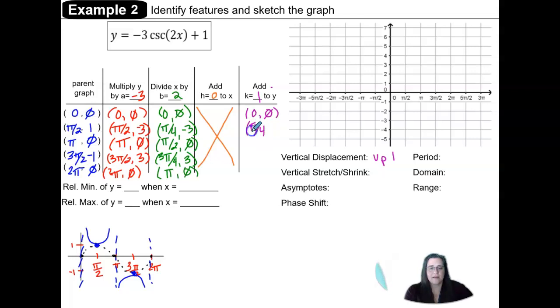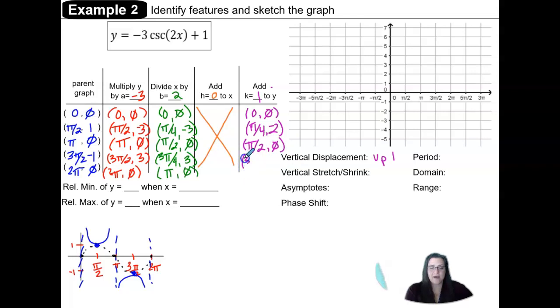And then -3 plus 1 is -2. Then pi over 2. And undefined plus 1 is still undefined. So that's a vertical asymptote.